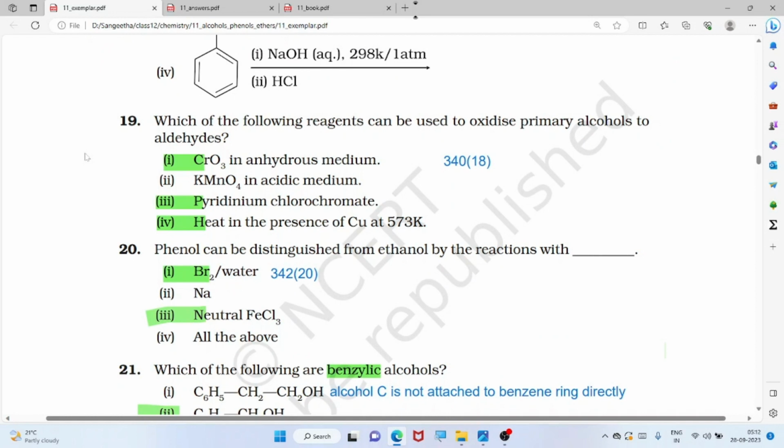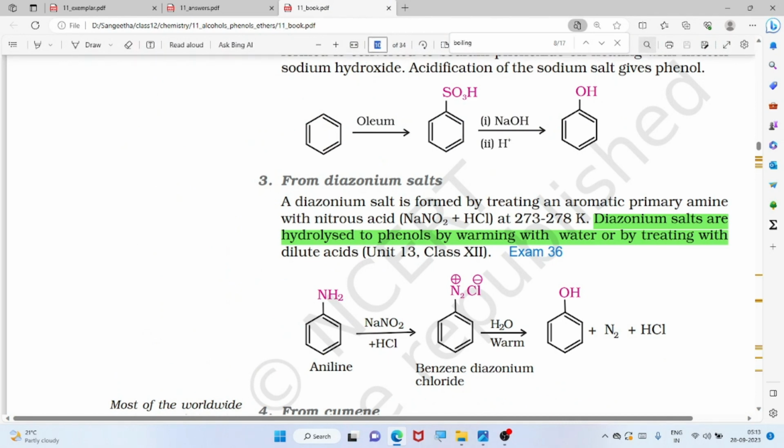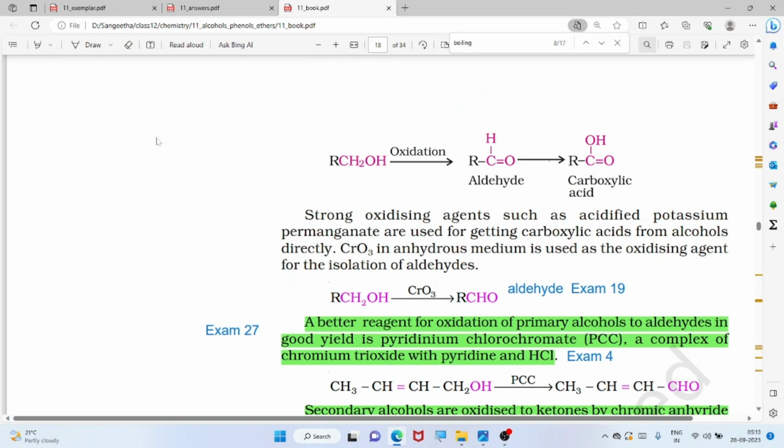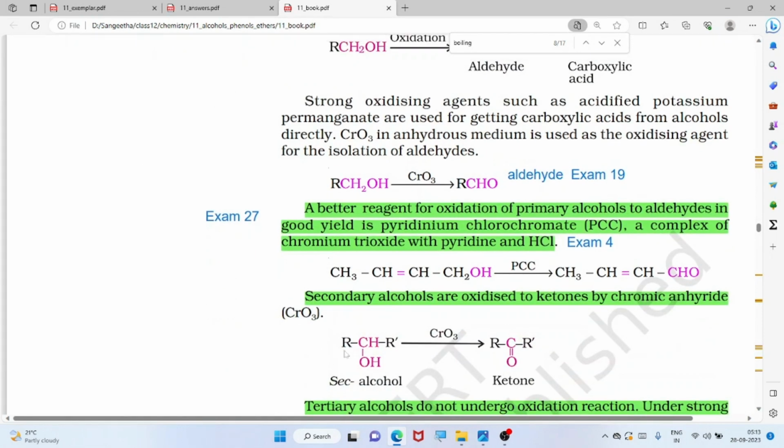Which of the following reactions can be used to oxidize primary alcohol to aldehydes? Primary alcohol to aldehydes. So you can go through this.